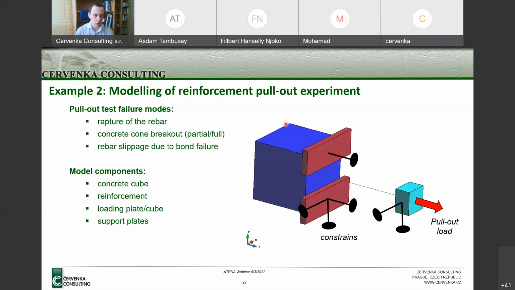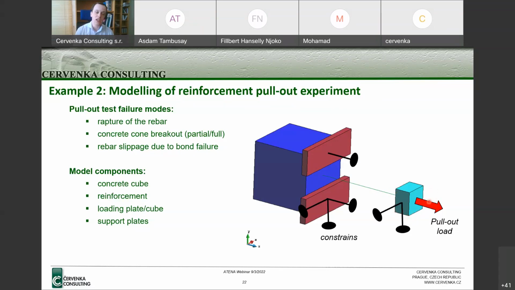The model is composed of some concrete cube, a reinforcement bar, and some loading cube, because as I mentioned at the beginning, the reinforcement 1D link can only transfer tension and compression forces. So it always needs to have at least the ends embedded in some solid material or 3D material.